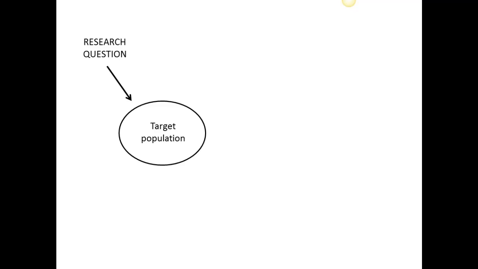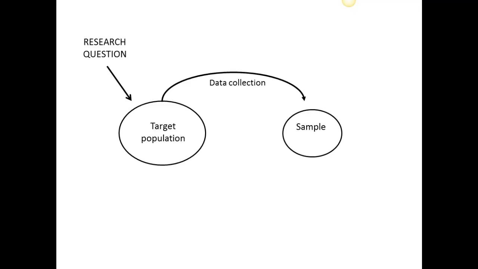In most cases, the entire population cannot be measured, so we take a sample from this target population. And we use principles of study design to help us collect these data.